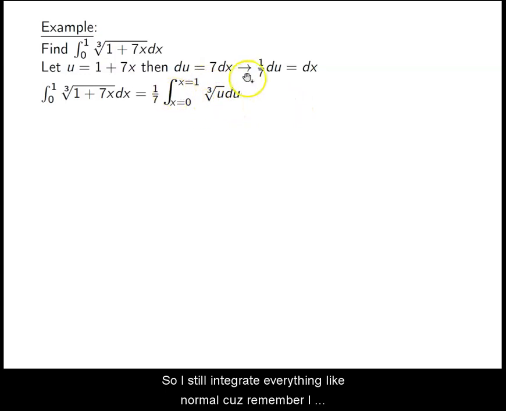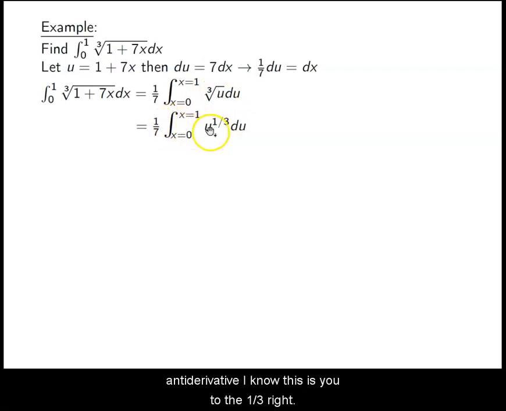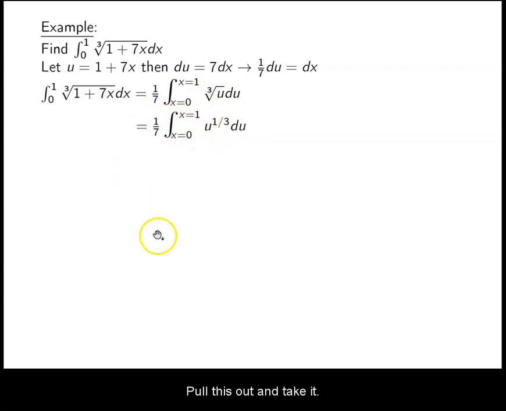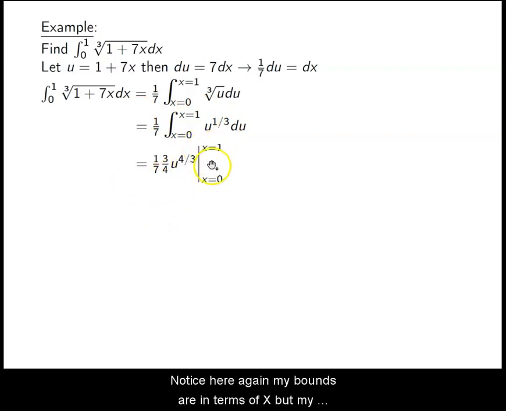So I still integrate everything like normal, because remember, I don't have to use these bounds until I evaluate my antiderivative. So I'm going to find my antiderivative. I know this is u to the 1/3, right? Pull this out and take its antiderivative. Notice here, again, my bounds are in terms of x, but my variable is in terms of u.